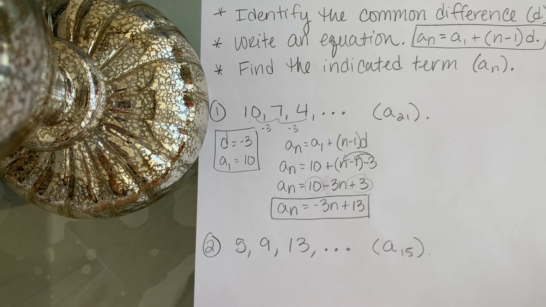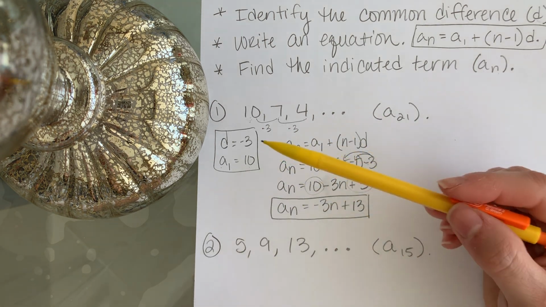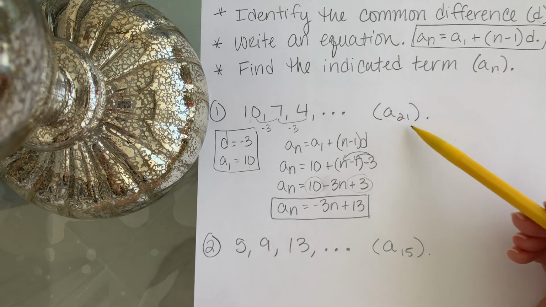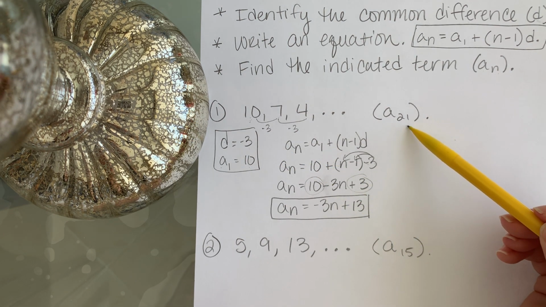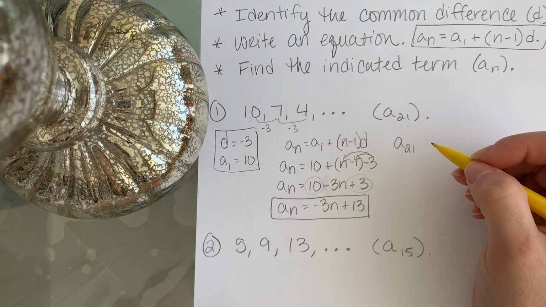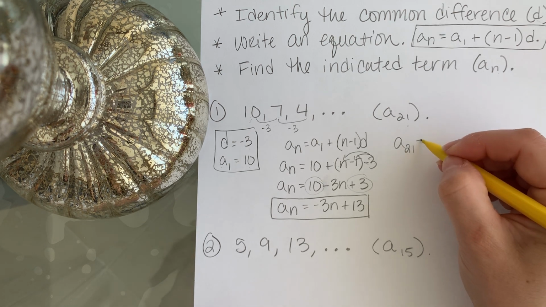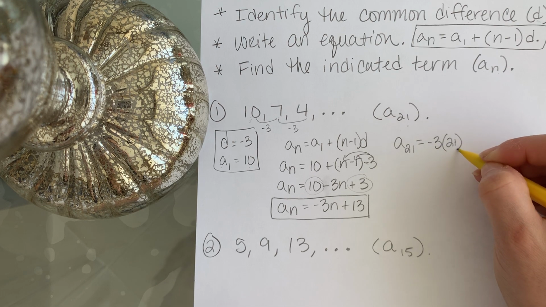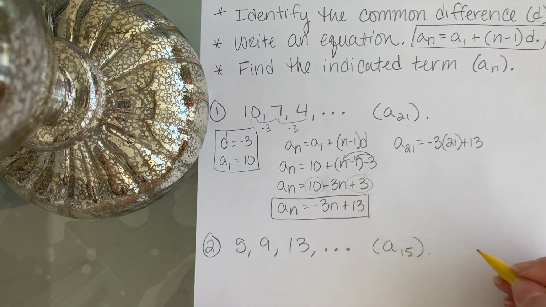Then it's done. So the first step, you found the common difference, you found the equation. Now we need to find the 21st term. So we're using our formula, a sub 21 equals -3 times 21 plus 13.